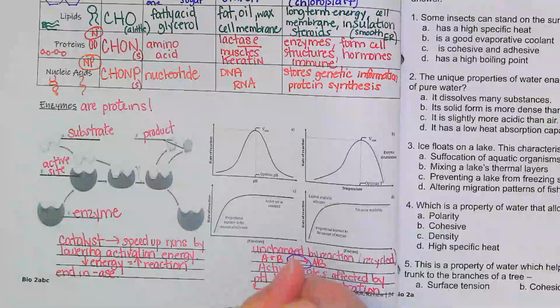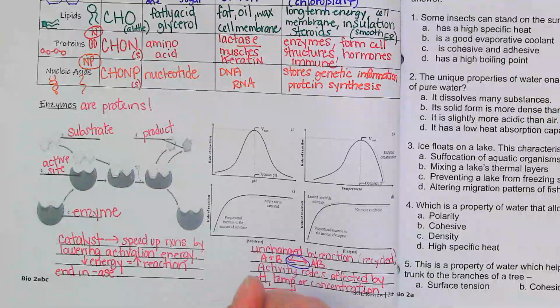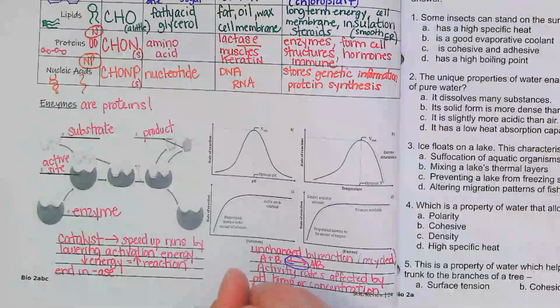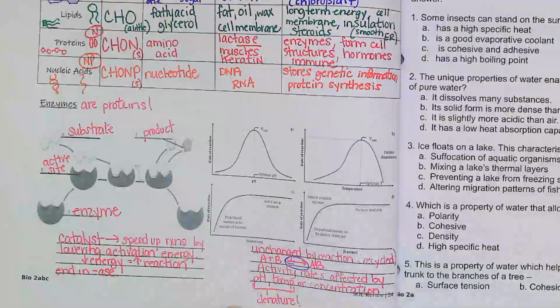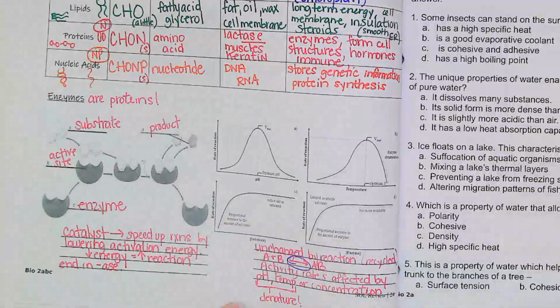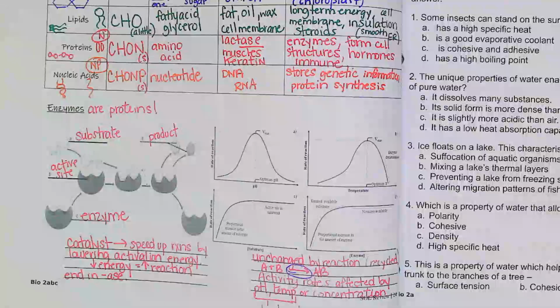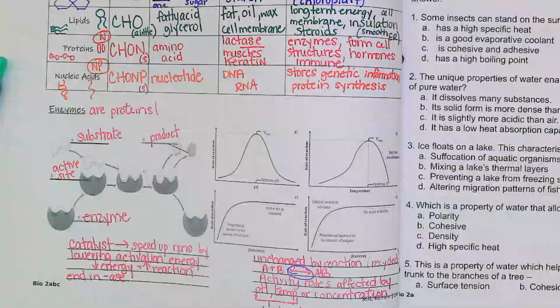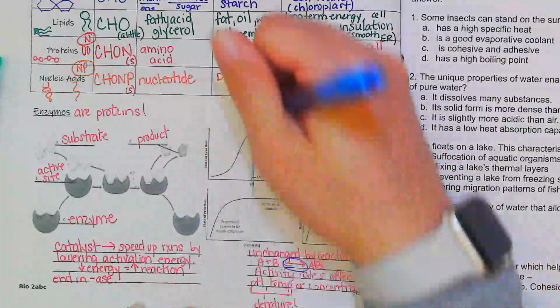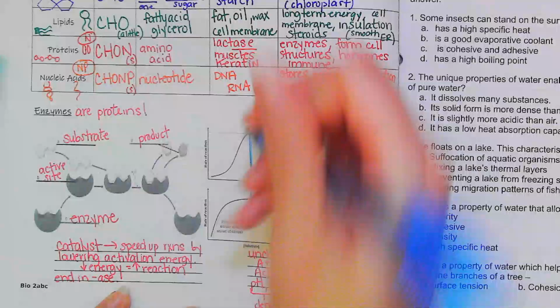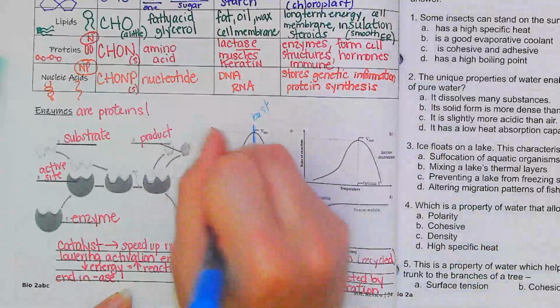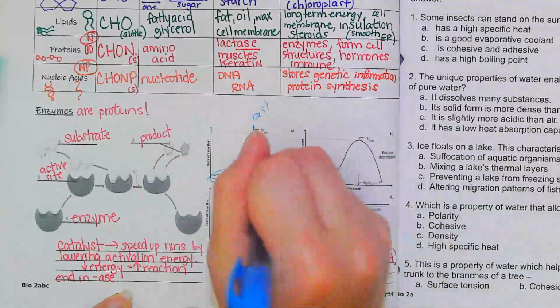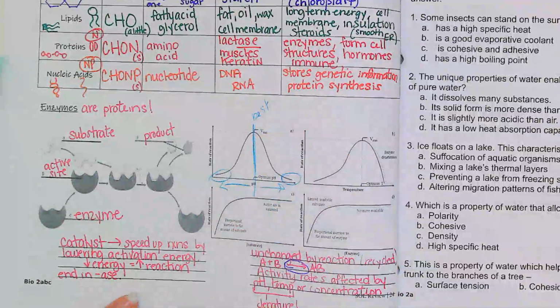Temperature and pH can cause my enzymes to do what? Denature, right? That was your vocab word of the unit. Your lovely little graphs show you that enzymes love an optimal pH. They're best there. Anything too low, they're not doing too hot, they're probably going to denature. Anything too high, they're probably going to denature.